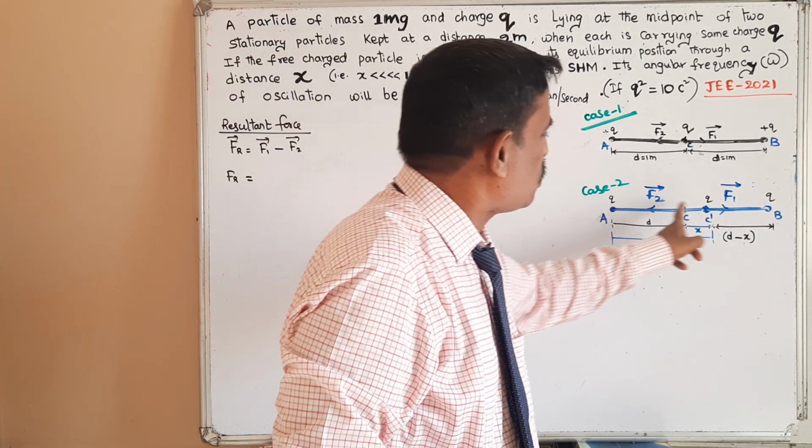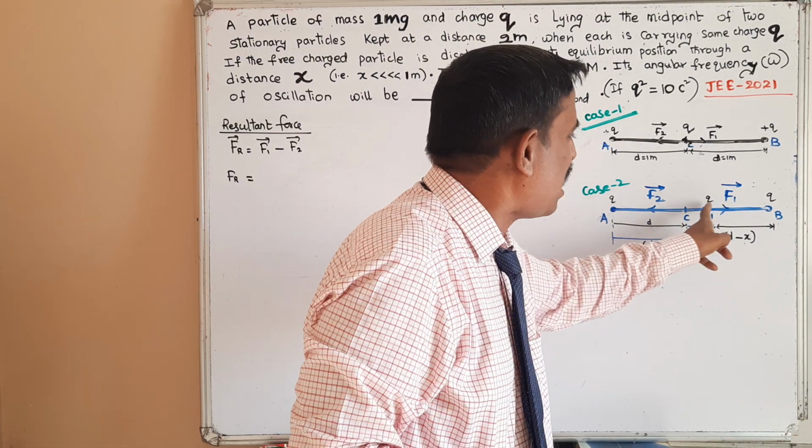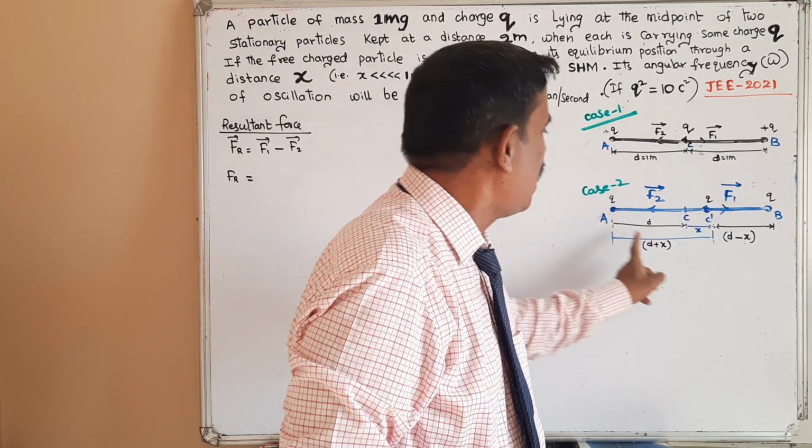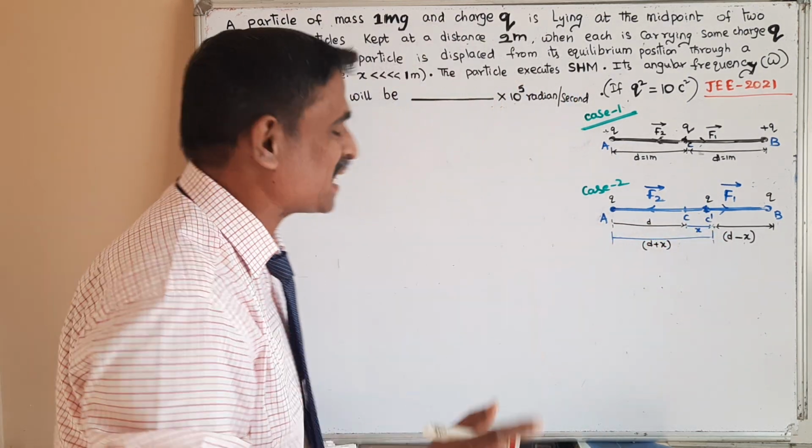Now the resultant force is F1 minus F2. In between these two charges, I am applying Coulomb's law. Here the charge is Q, and this distance is d plus x.